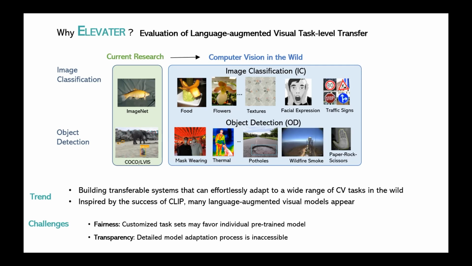I think this is a question mark, because oftentimes people report results on a subset of these tasks. Sometimes, even when we read the paper carefully, we don't see the details of how the model is actually adapted to the new setting. I think all of these hidden details prevent the community from building a fair and transparent benchmark to make solid progress.